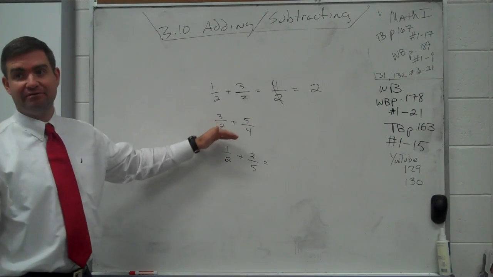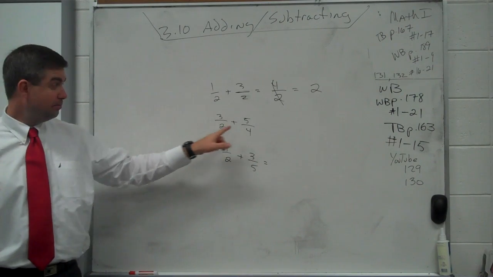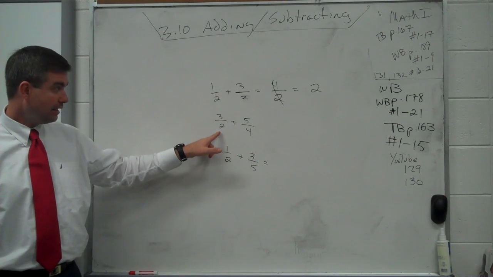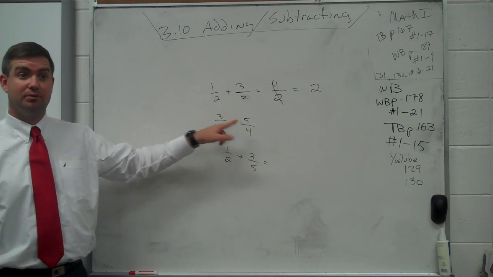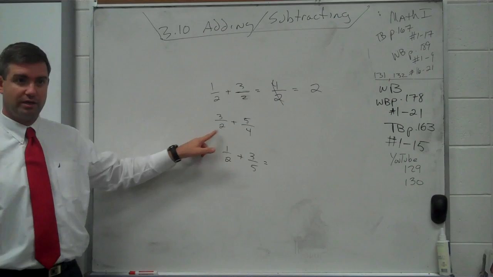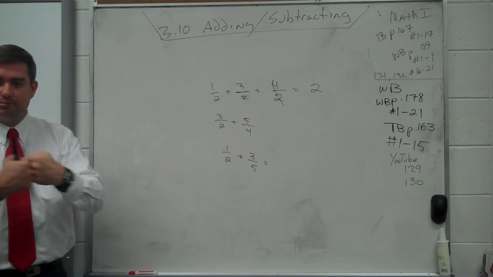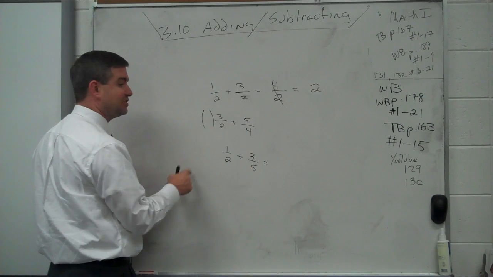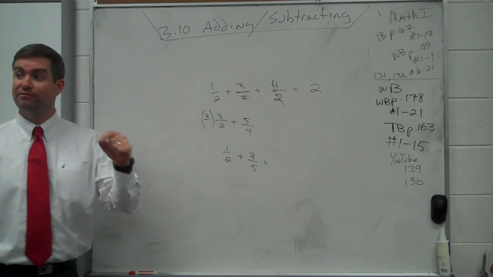3 over 2 and 5 over 4. Are our denominators the same? No. But this one can be multiplied and turn it into this one. This one is a multiple of this one. Okay, 4 is a multiple of 2. So to get them to be the same, what do I need to multiply this fraction by? 2 over 2.